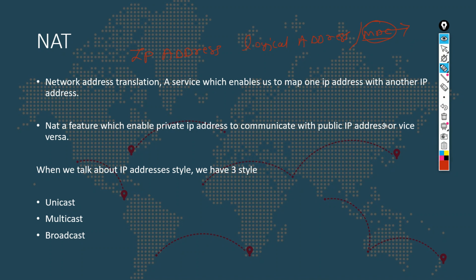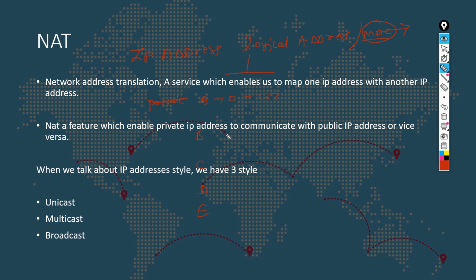Now, the IP address is first classified into Class A, Class B, Class C, Class D, and Class E. What is the range of Class A? 0 to 127. We are not going to assign the zero, but we can say 0 to 127.